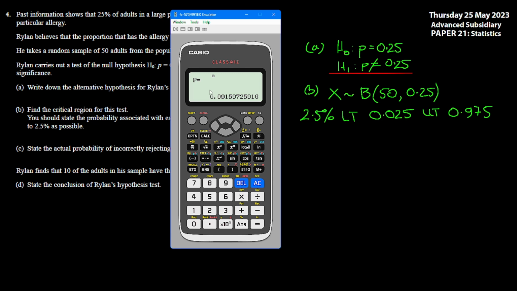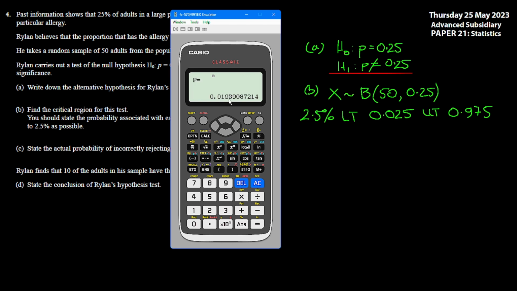We've got to reduce our value of 8. Let's try 7 and see what we get. 0.045, where we're getting nearer, but we need this to be 0.025. So again, let's try reducing the value of x. Put it down to 6. And 0.019 results.